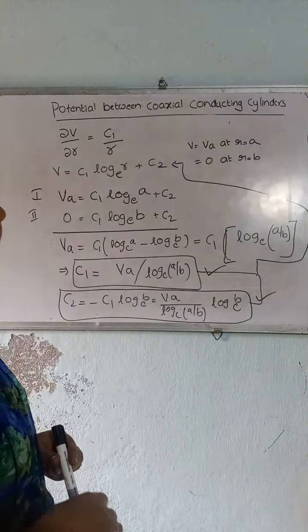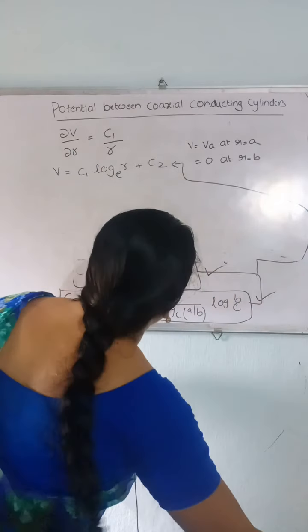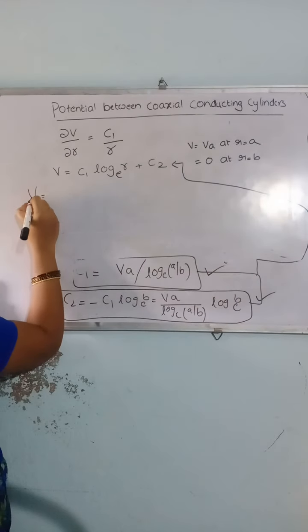What is C1 here? Then V, the potential at R, is C1, that is VA by log base e of A by B, times log R base e, plus C2, which is minus C1, so minus VA by log A by B times log B base e.